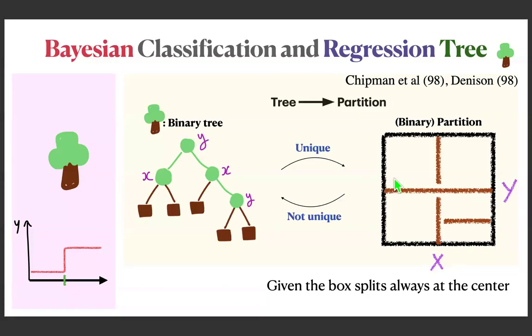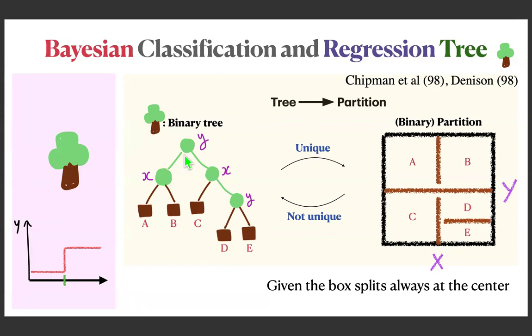One split process is related to a split of the space in that direction. Here I split with x, so it divides into two, and here again x, and y here. Then each external node represents each small bin on this partition.